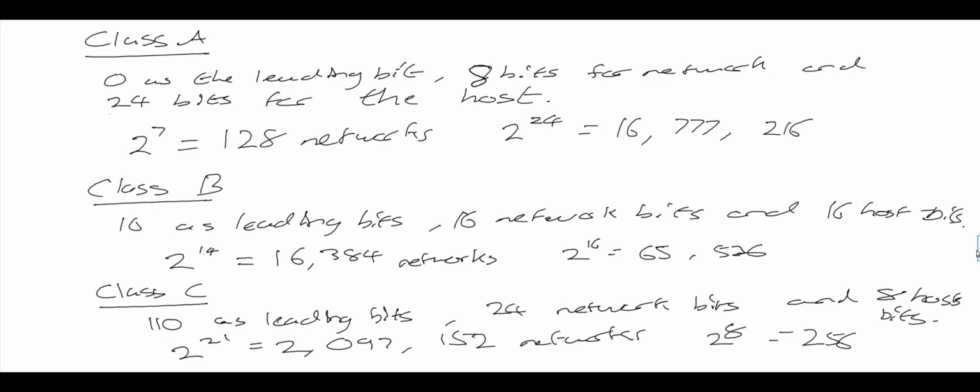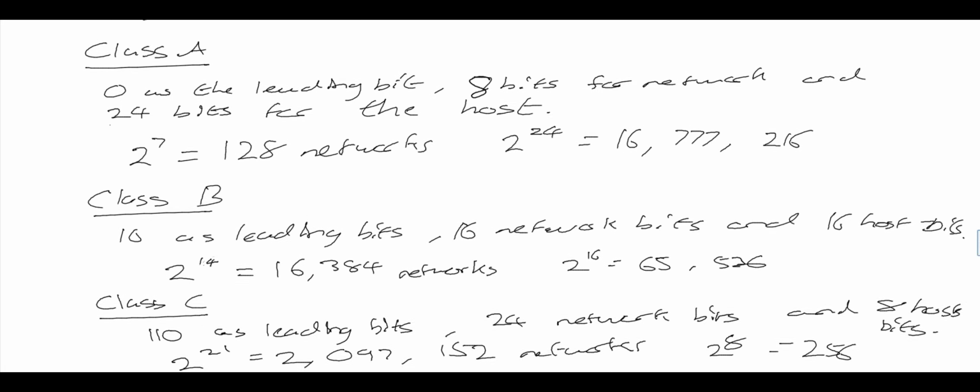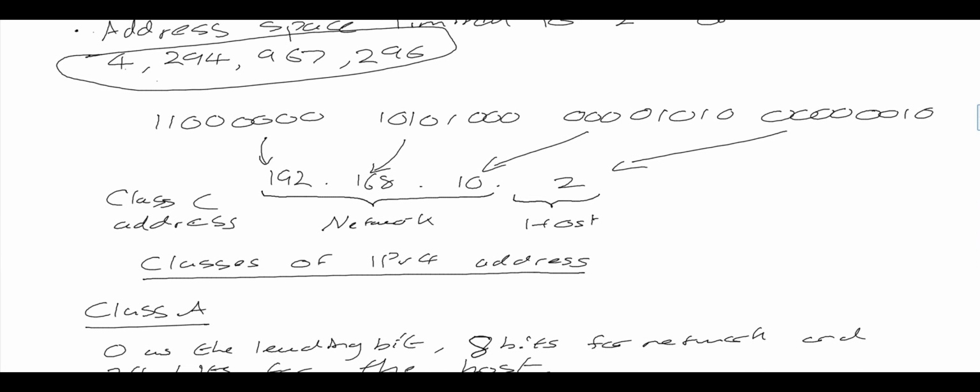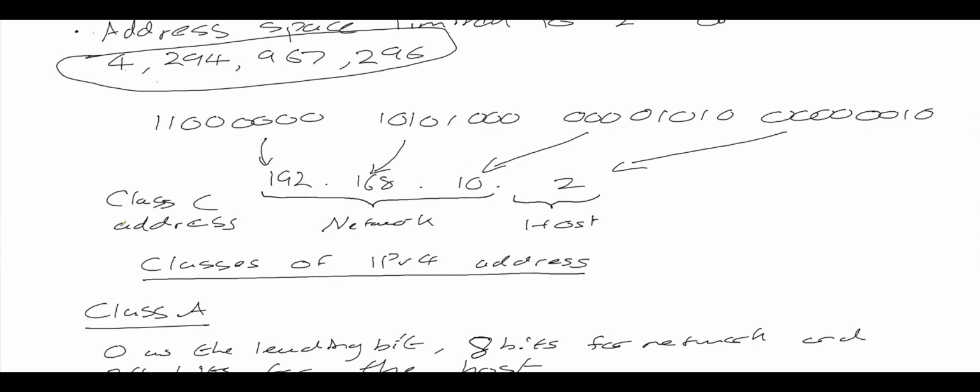So going back to the previous example that I had of an IPv4 address, the reason I knew it was a Class C address is because of this first byte here. Because the leading bits were 2 1s and a 0, I knew that must be a Class C address.